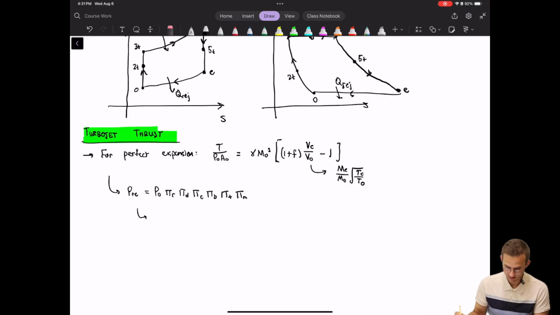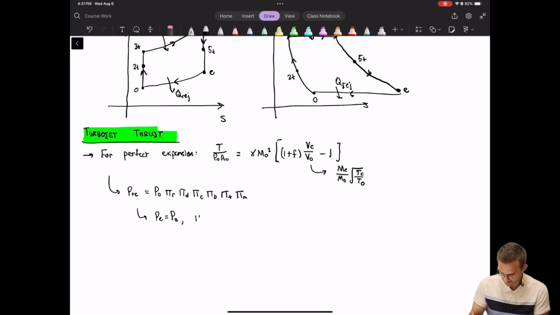Okay, so all of your pressure ratios here. Now we know that we're assuming perfect expansion and isentropic flow in the nozzle and diffuser, and we're assuming the Mach number upstream of the burner is small. So that tells us all across the board that first off, PE is equal to P naught. So that's the perfect expansion assumption.